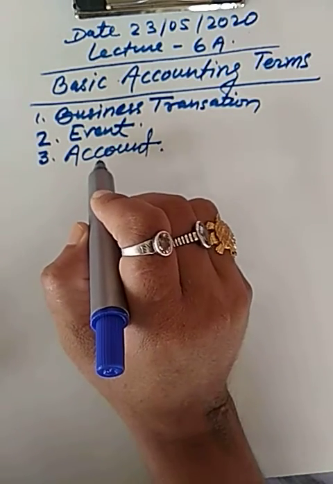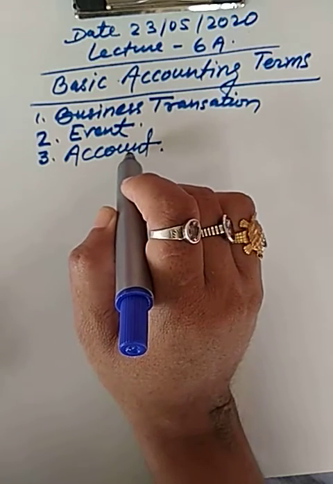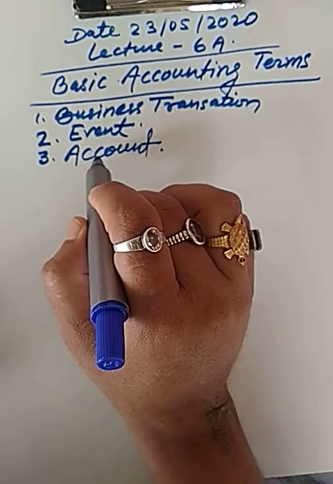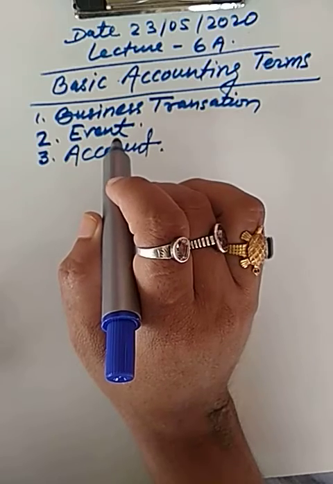An account is a ledger record in summarized form of all the transactions that have taken place with a particular person or thing specified.